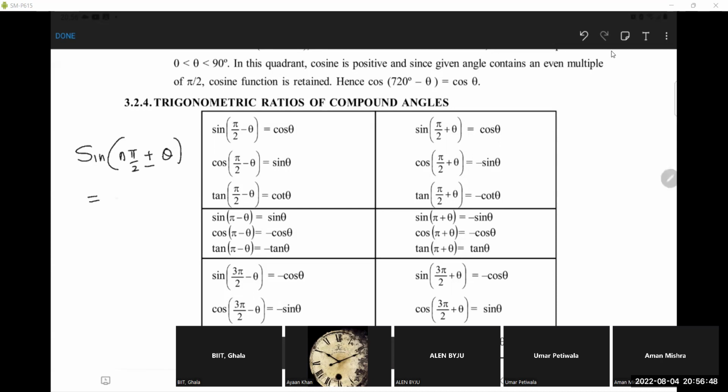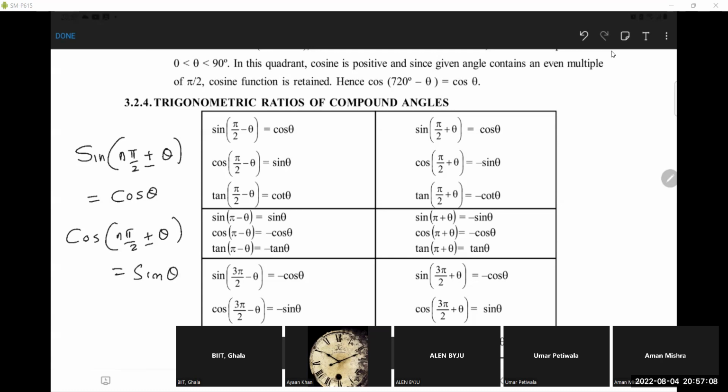So it will be equal to cos theta. Sine of n pi by 2 plus or minus theta will be equal to cos theta. Similarly, cos of n pi by 2 plus or minus theta will be equal to sine theta.